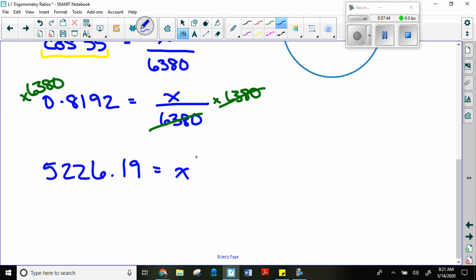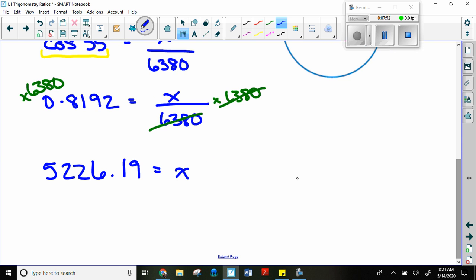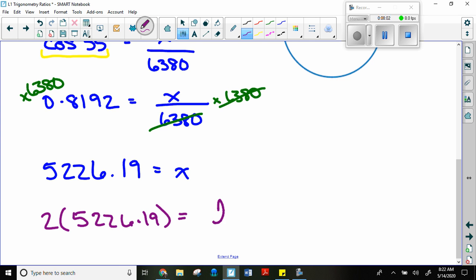And that is only one part. So if we double it, we're going to find how long the 35th parallel is. So we'll take 2 times 5226.19 equals the length of the 35th parallel.